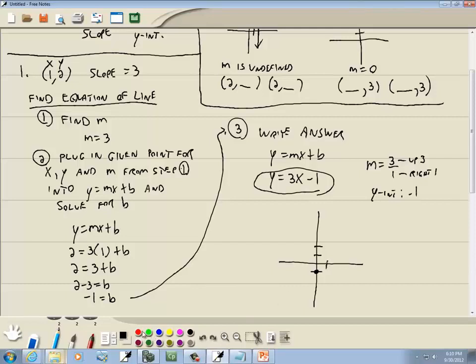And from there, we're going to use our slope to get our second point. So we're going to go up 3 and right 1, and that's where we put our second point. And after we get our second point, we draw a line through them, and that'll be our graph.